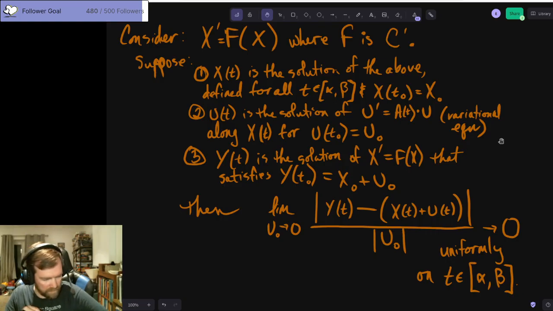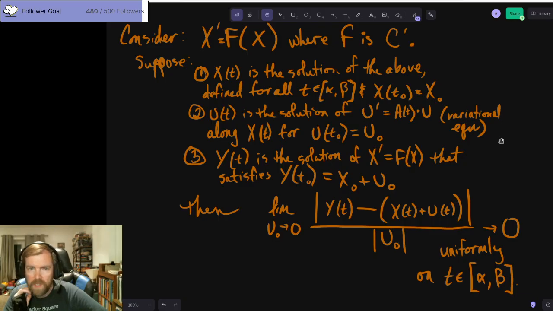Okay, but the thing I guess I'm nervous about: y of t is a real solution, but it's a real solution to an autonomous system. Yes. But then x also is.